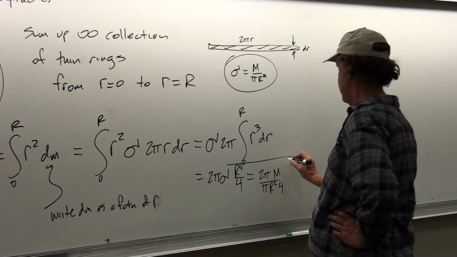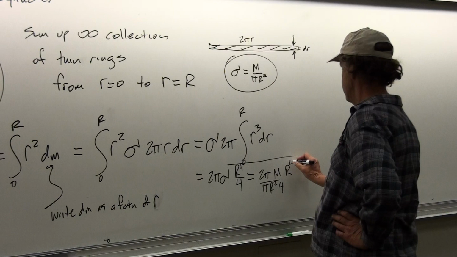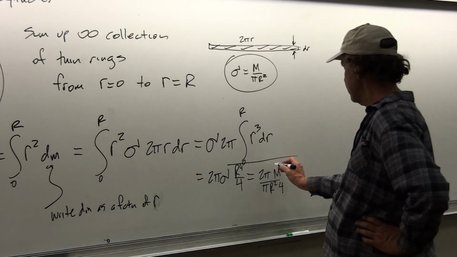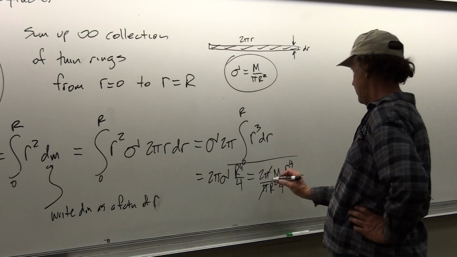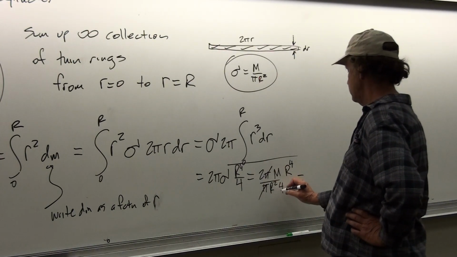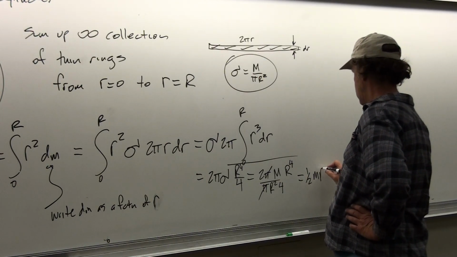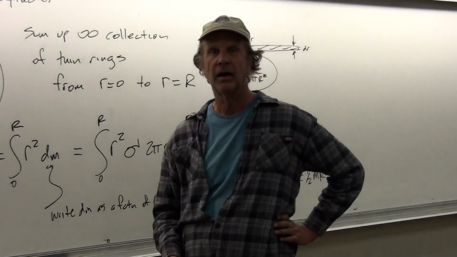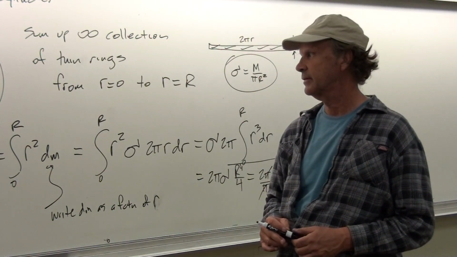There's a 4 in there, and then this is going to be R to the 4th. Okay, so the 2 and the 4 cancel, the pi's cancel, and so this gives us a factor of 2 left down here, but that's 1/2 M R squared, which is the moment of inertia of a cylinder about its center of mass.